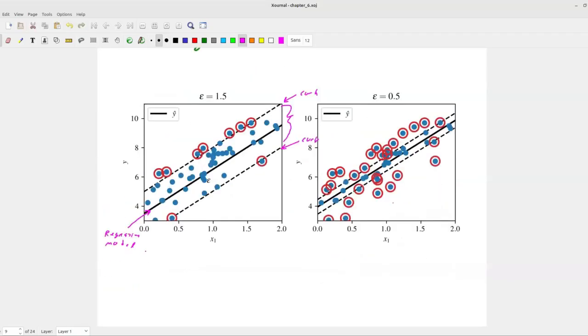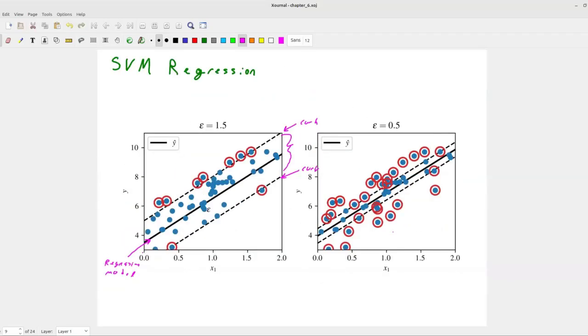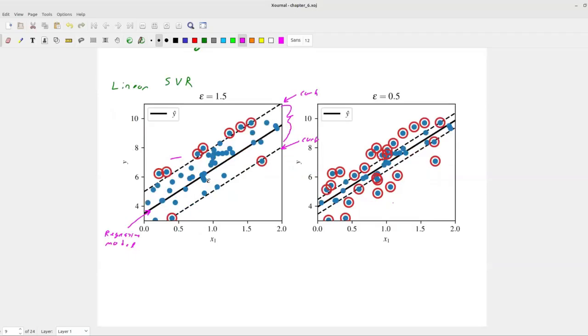So when we look at something like this image here, which is linear support vector regression, the presence of additional training data within the margin does not influence the prediction of the model, right?